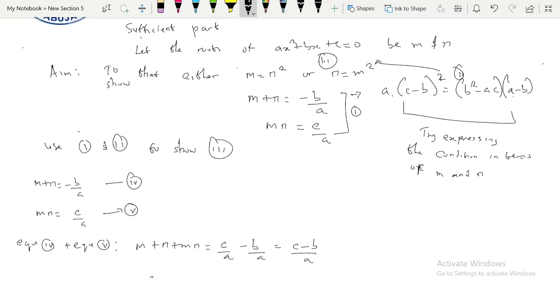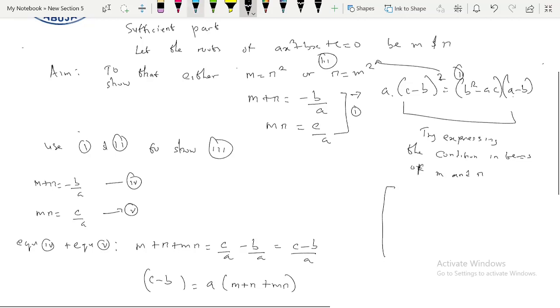So that means c minus b is a into m plus n plus mn. So I keep this way. Let's put this in a separate box. Let's use blue.